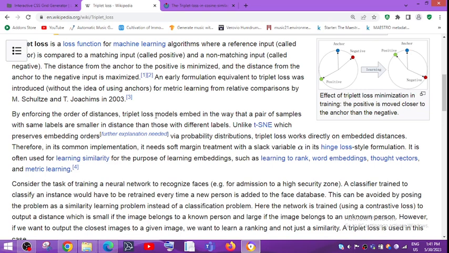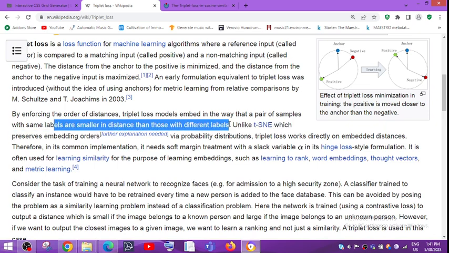By enforcing the order of distances, the triplet loss model embeds in a way that a pair of samples with the same labels are at a similar distance, unlike with different labels. Unlike t-SNE, which preserves the embedding order via probability distribution, triplet loss works directly on the embedded distance.